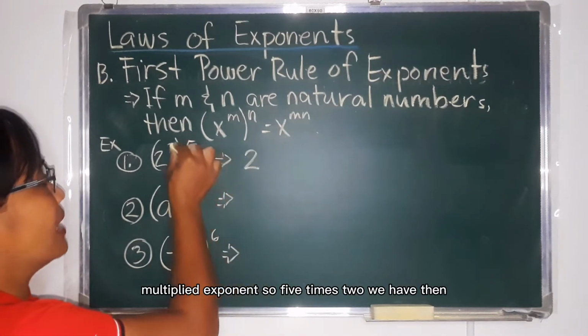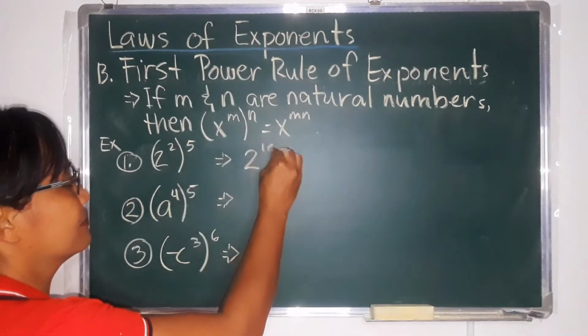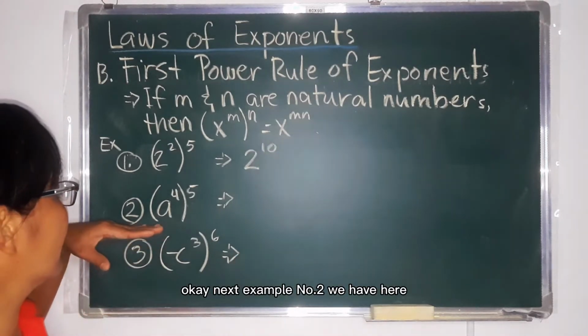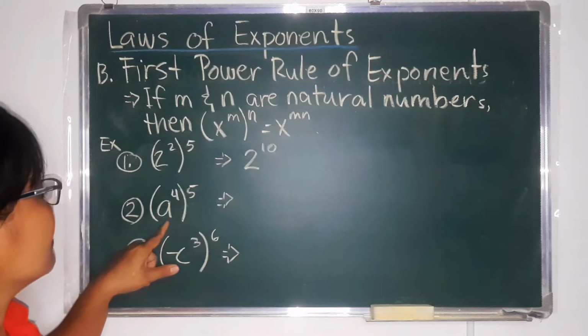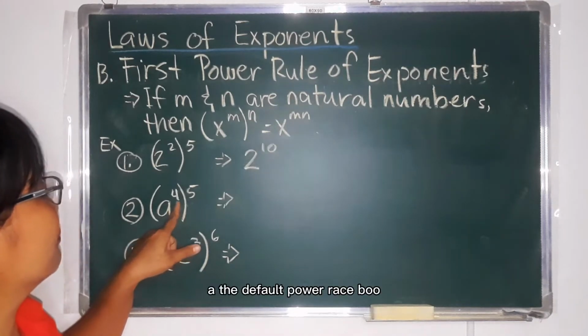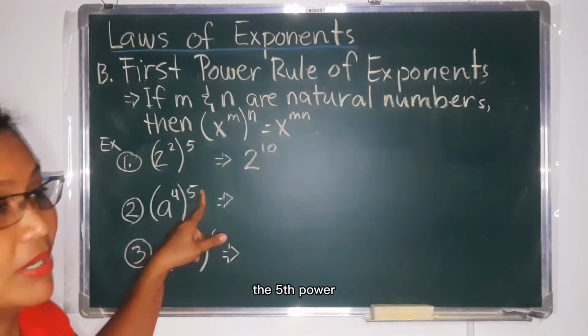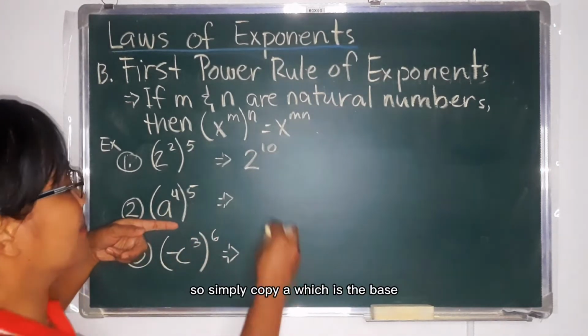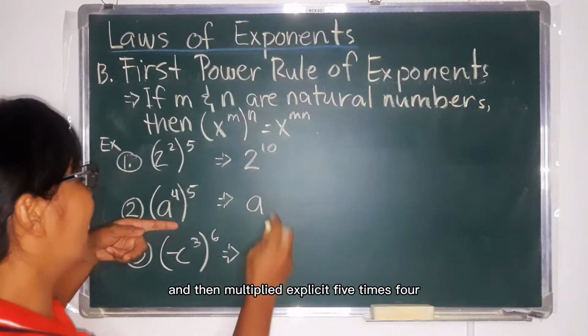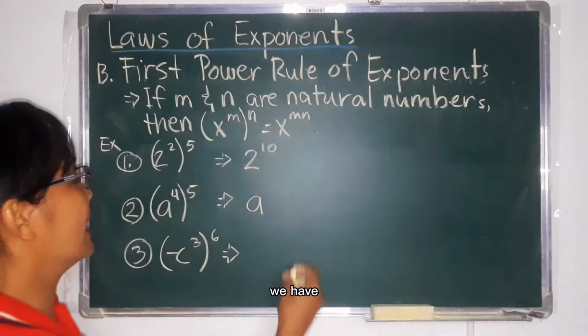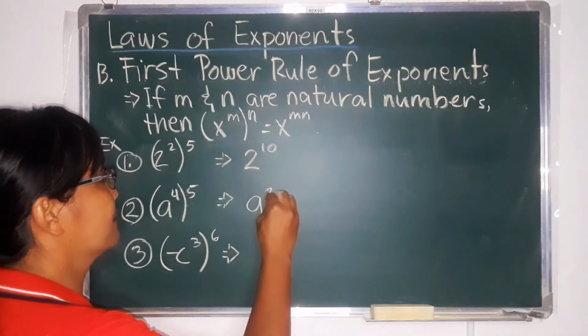So, 5 times 2, we have 10. Next, example number 2, we have here a to the 4th power raised to the 5th power. Simply copy a, which is the base, and then multiply the exponent. 5 times 4, we have 20.